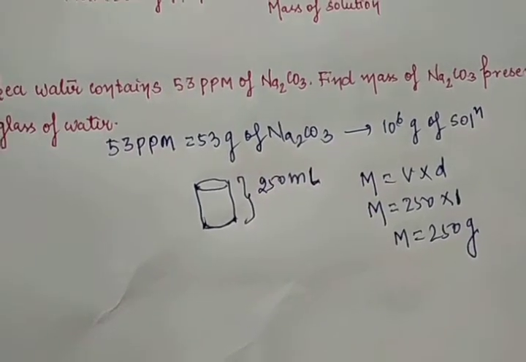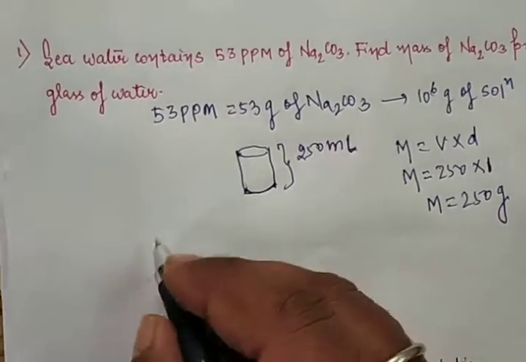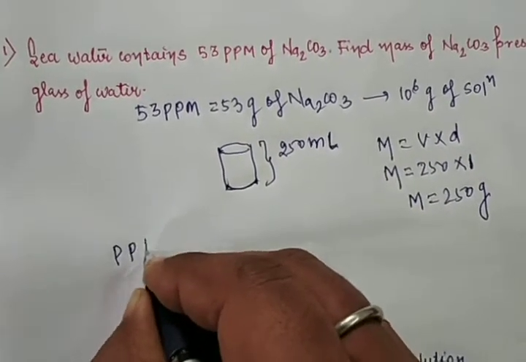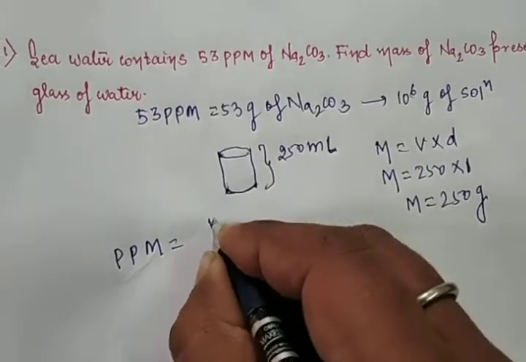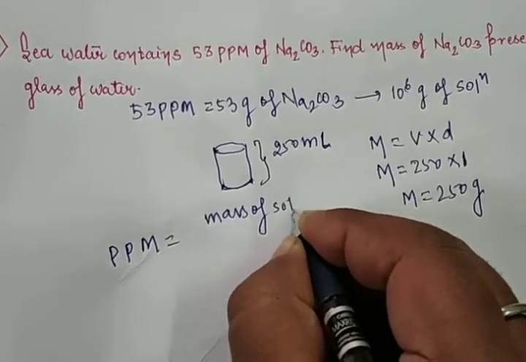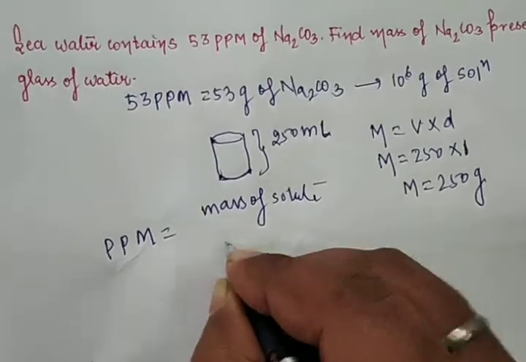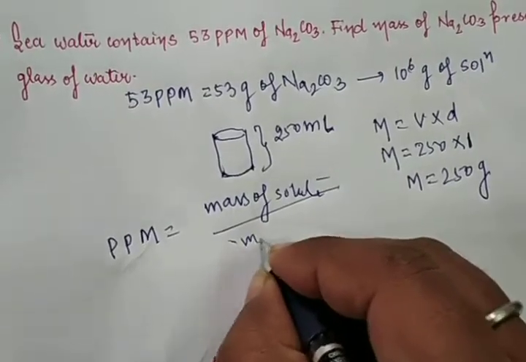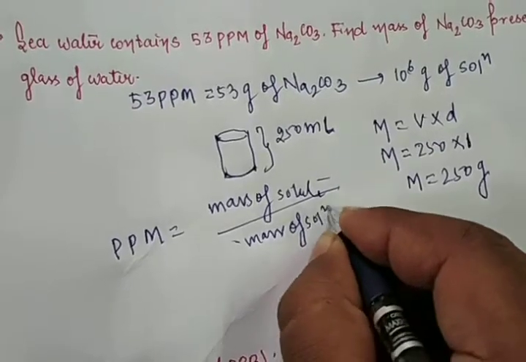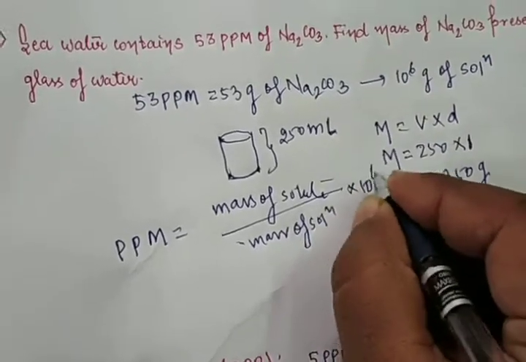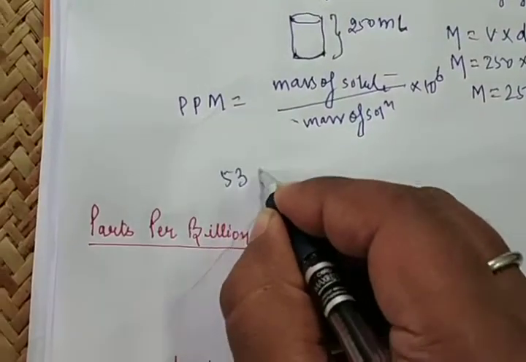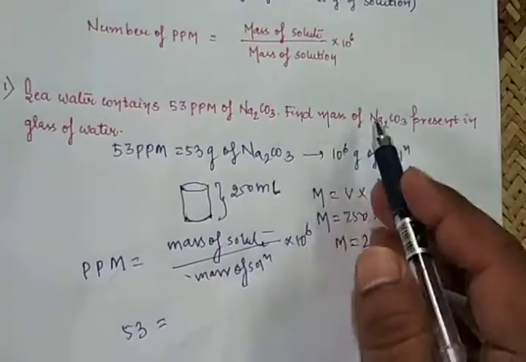Okay. Now the formula is ppm equals mass of solute upon mass of solution into 10 to the power 6. So ppm is given as 53, and we have to find the mass of Na2CO3.